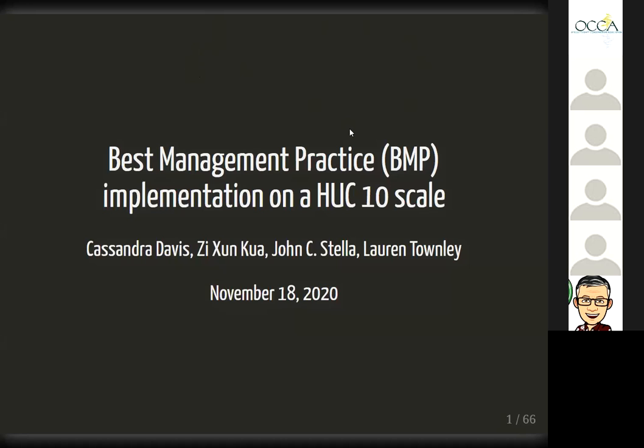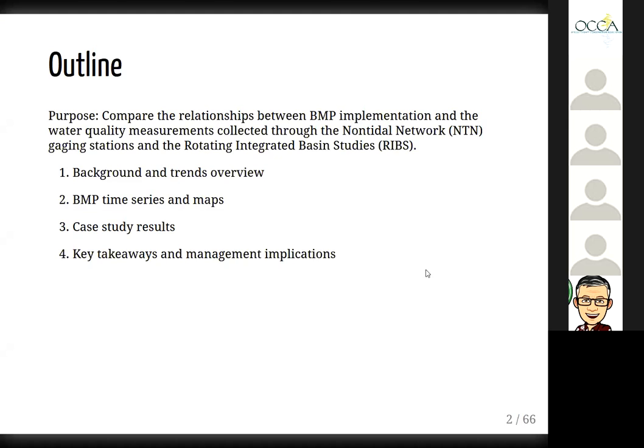Morning, everyone. Thanks, Emily. So we're gonna go through what Emily just said and talk about some of the relationships between BMP implementation in the Upper Susquehanna watershed and the water quality measurements that have been collected throughout the region.